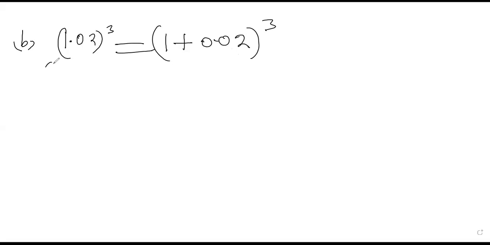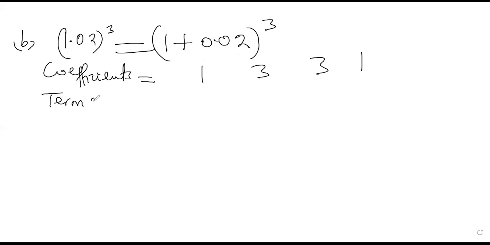So we need coefficients first. For the power 3, the coefficients are 1, 3, 3, 1. Terms: the first term will be 1 cubed, then 0.02 to the power 0.